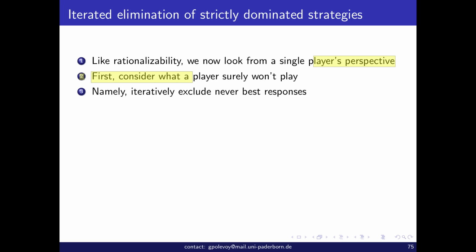Okay, if something is never a best response, it's something that nobody will play, because you don't want to play something which is, let alone that it's not justified by something which can be justified and all the complications of rationalizability. But if it's never a best response, you will never play something which is never best response. It's not justified by anything.